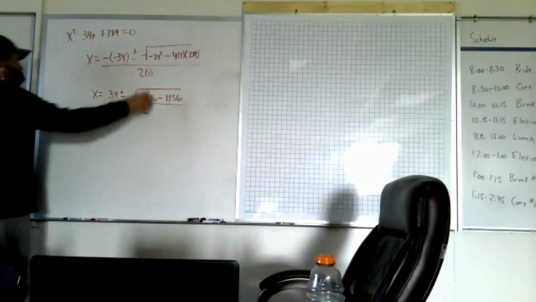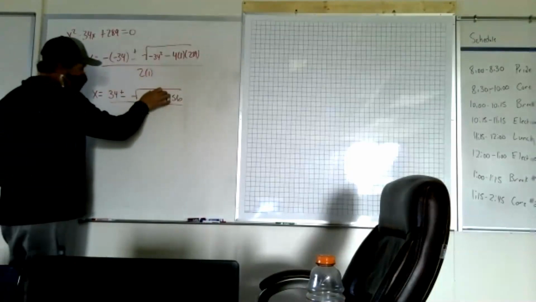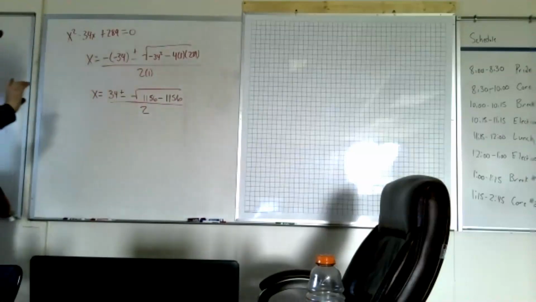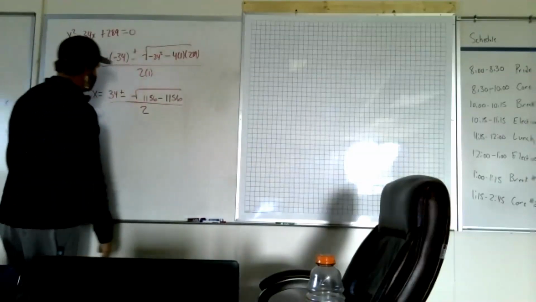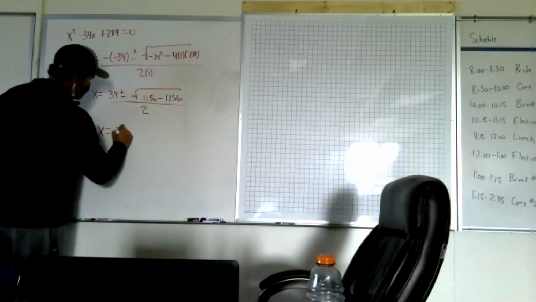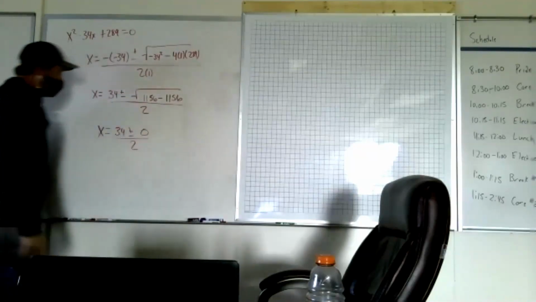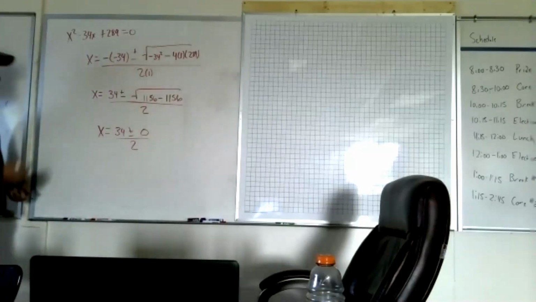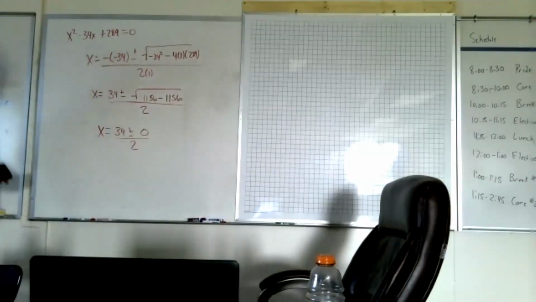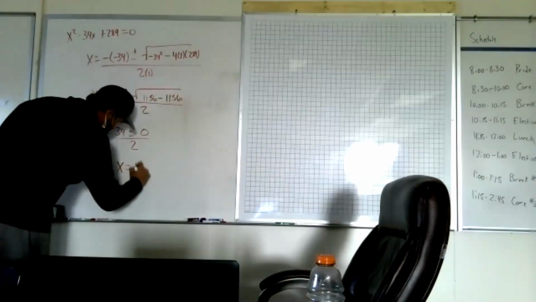You can see here, I know this is going to turn out to be 0. Whenever the value underneath the radical turns into a 0, it means that your vertex is on the x-axis. We're only going to have one real solution in this one. That's because x is equal to 34 plus or minus 0, all divided by 2. 34 plus 0 divided by 2 is 17. 34 minus 0 divided by 2 is 17. So our one root in this case is x is equal to 17.